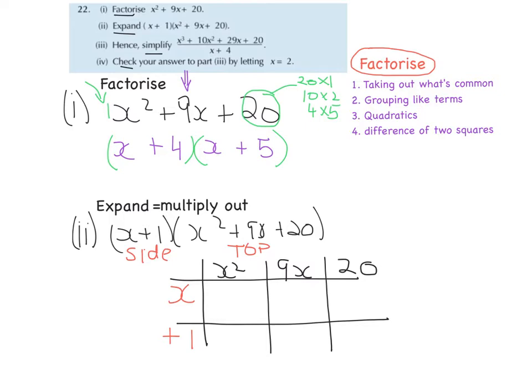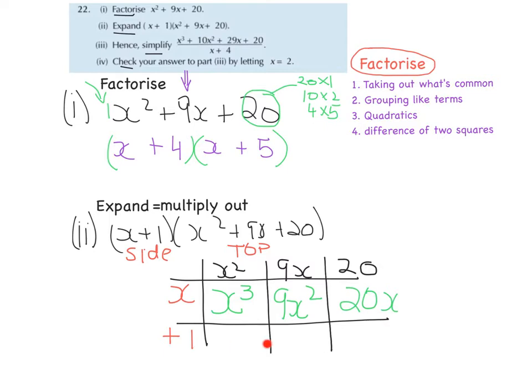Obviously they're all pluses, and I'm going to box multiply, work out the boxes by multiplying the terms. So in this one here I multiply the x by the x squared and I will get x cubed. Here I multiply the x by the 9x and I will get 9x squared. And here I multiply the x by the 20 and I get 20x.